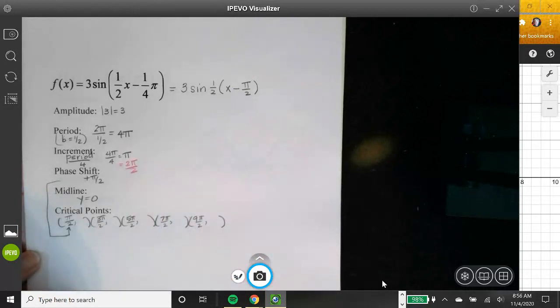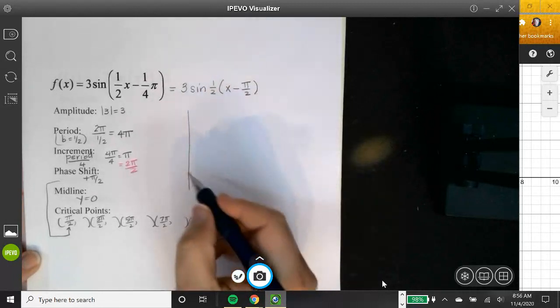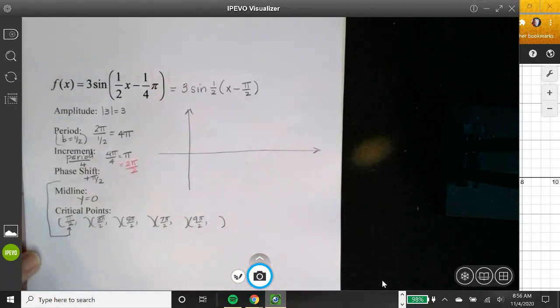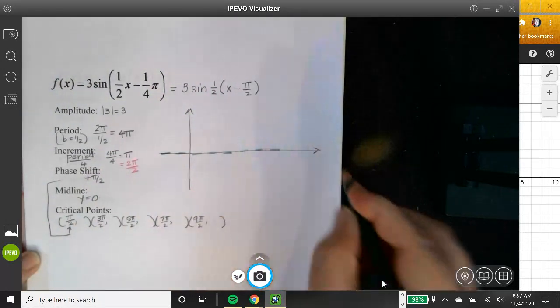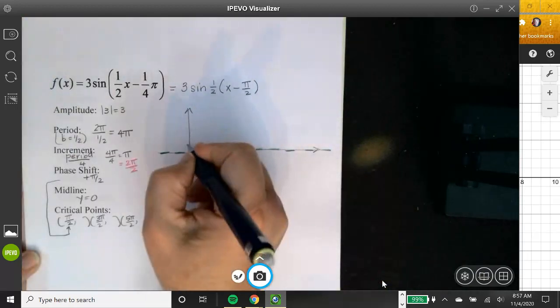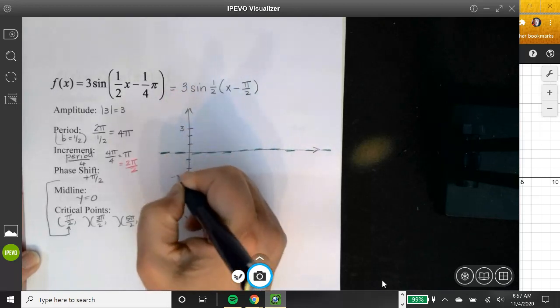All right, now we're going to graph it. And I have my midline at 0, so let's do that. Midline is at 0. And my amplitude is 3, so we're going to go up 3 and down 3.